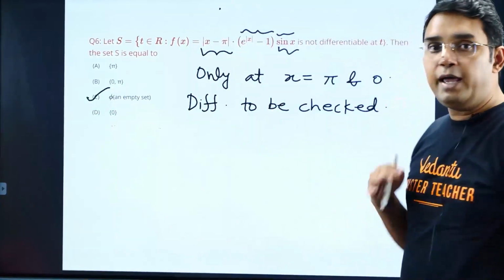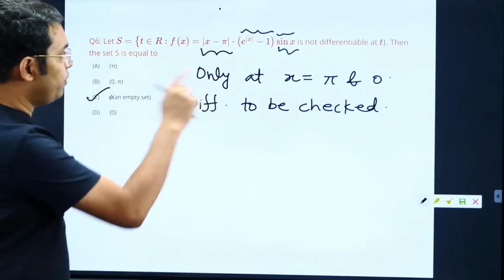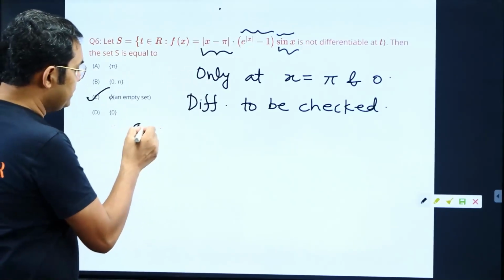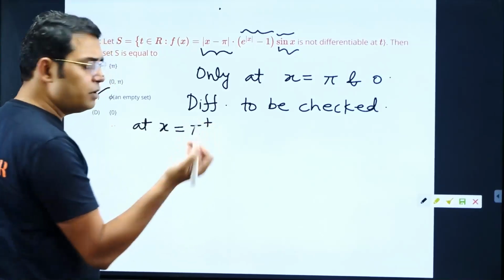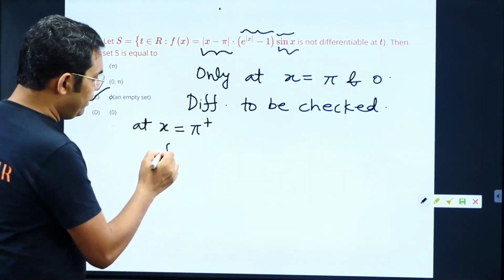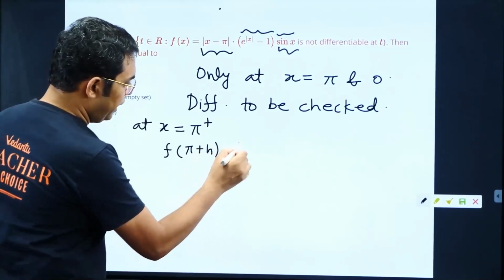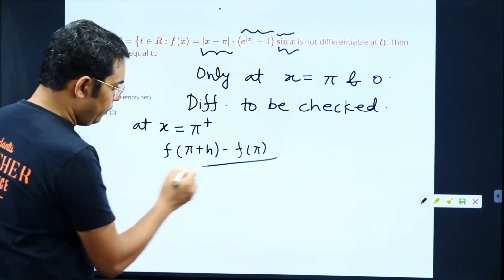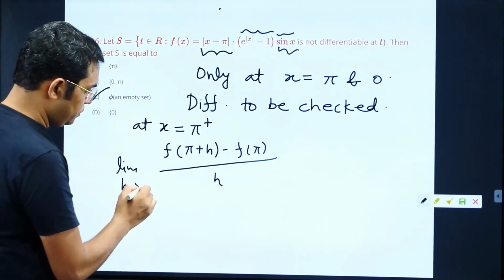Now I will tell you why on both sides the derivative is going to be 0. Please see pi first. At x equal to pi, if I check, or maybe pi minus or pi plus, you may take anything. The derivative would be limit h tends to 0 of f(pi + h) minus f(pi) upon h.